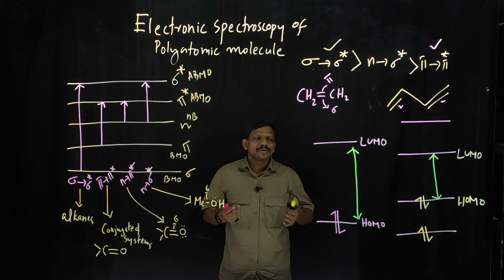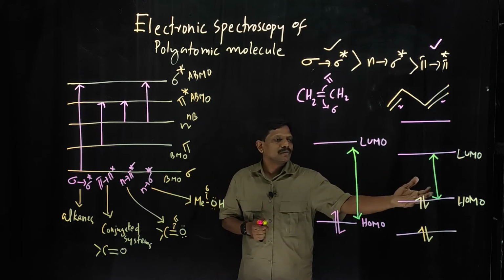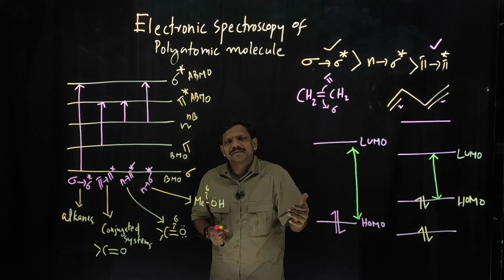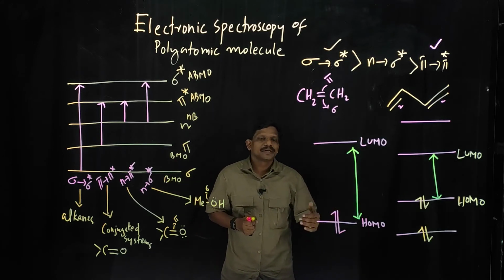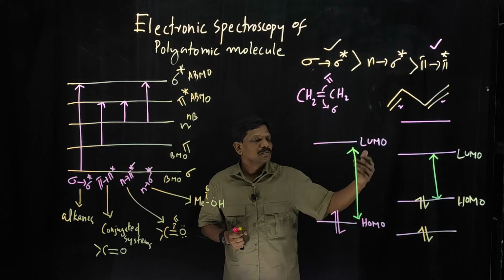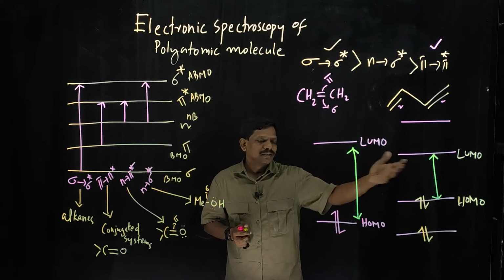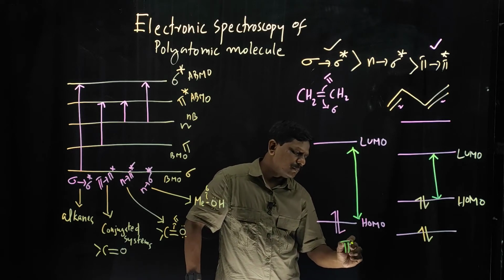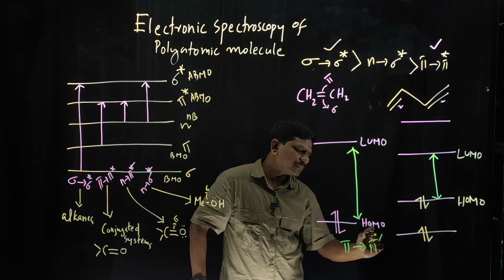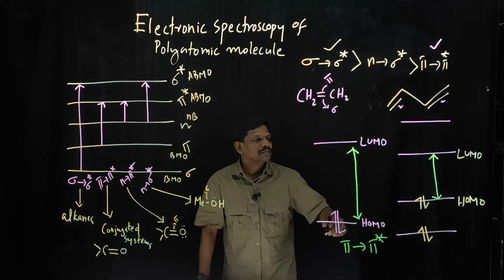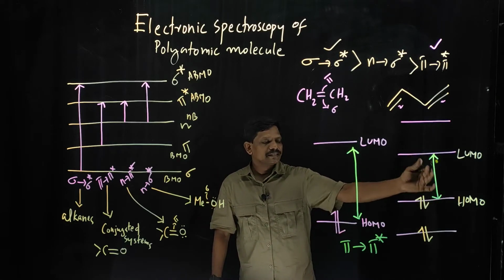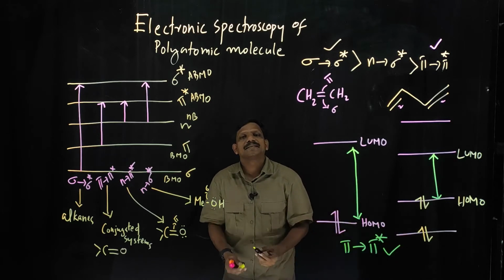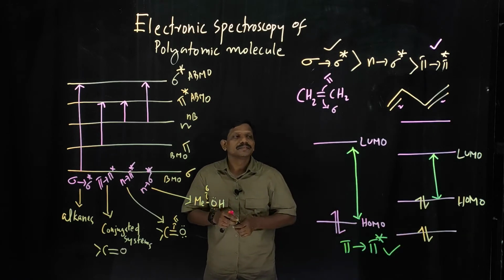What is the consequence of the reduction of the HOMO-LUMO gap? Electronic transition will take place very fast, and that will be the most probable transition. The transition we are focusing on here is the pi to pi star transition. That means in a conjugated system, the pi to pi star transition occurs at a higher intensity level.